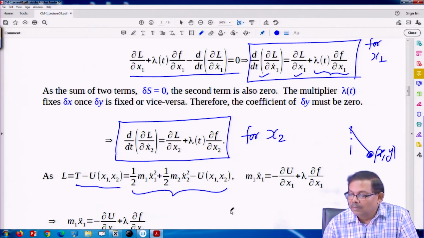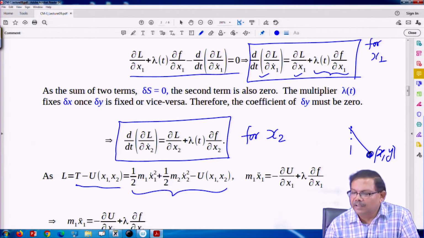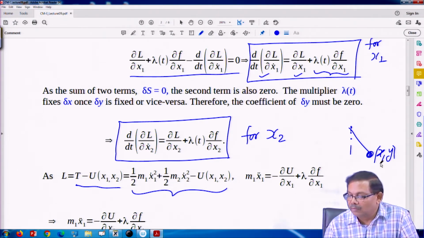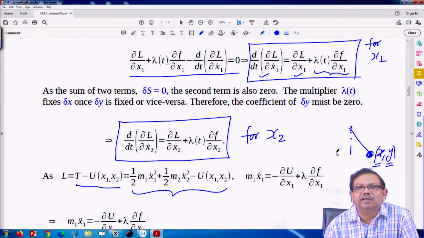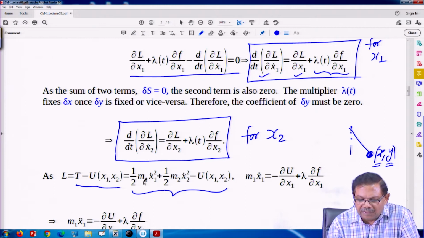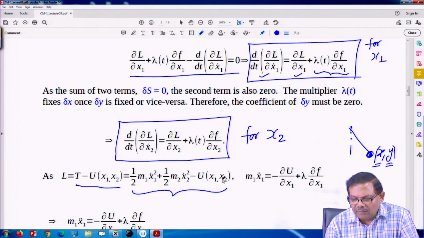So, if we do a system where there is one mass and it has two coordinates, because the motion is restricted to a plane, in such cases mass would be the common mass. So, m 1 would be equal to m 2 and there would be one potential energy of that mass.